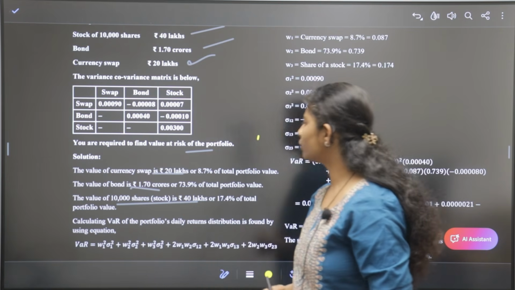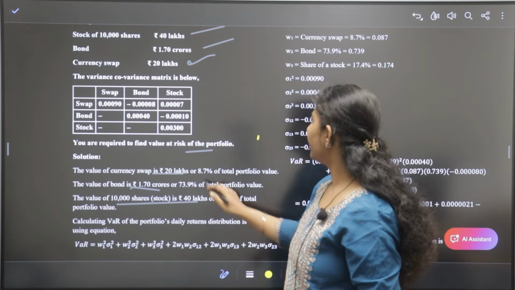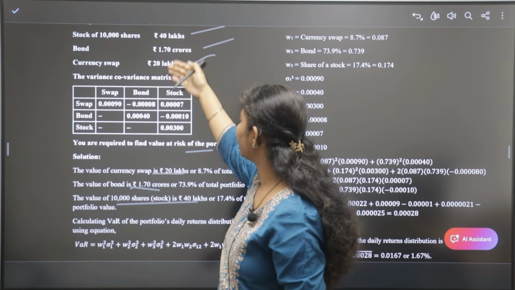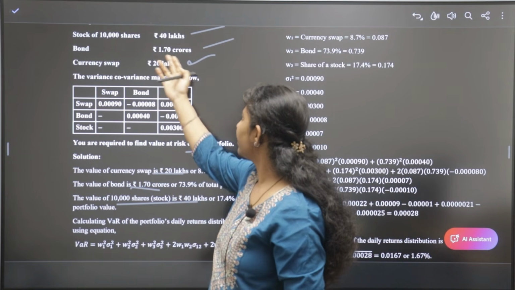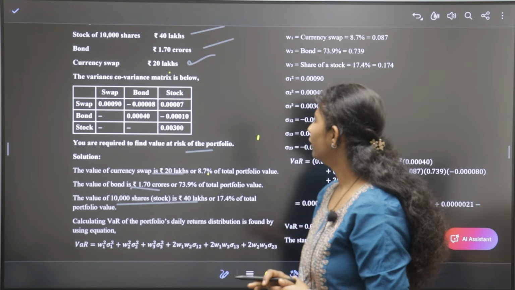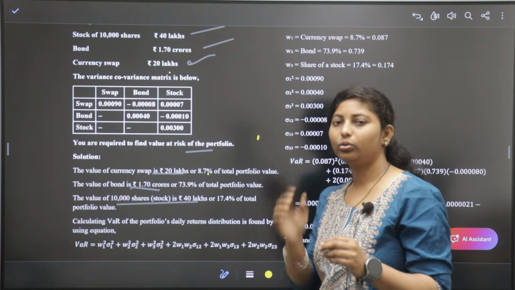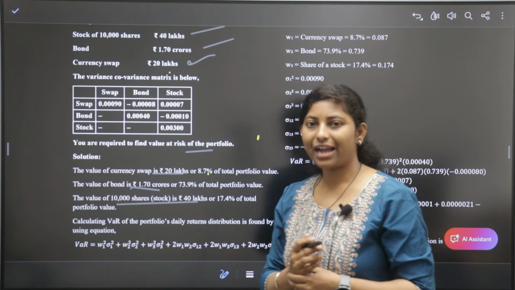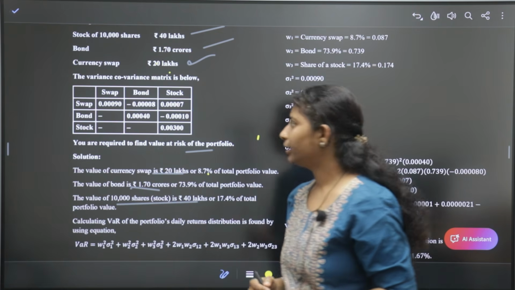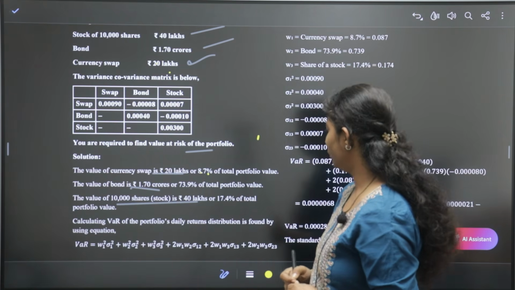The value of the currency swap is 20 lakhs. You calculate all these things, and then you just divide this amount. 2 crores 30 lakhs will be the total amount. If you divide 20 lakhs by 2 crores 30 lakhs, you will get 8.7% of the total portfolio value.